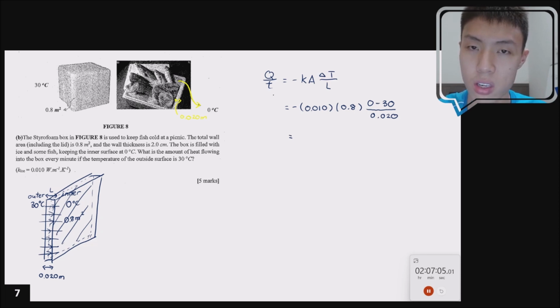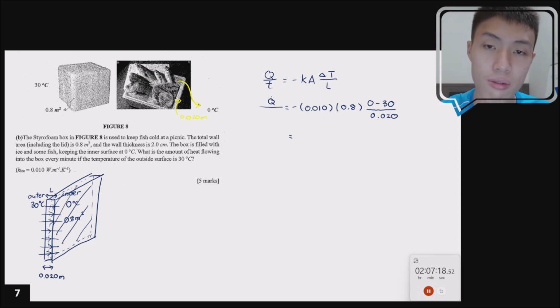Okay, rate of heat flow is Q over T. Okay, but if you are being efficient, you can put in a time inside here as well. Because Q over T, you put in a time, then you can find Q, right? So the time is every minute. Every minute is 1 minute. 1 minute is 60 seconds. So if you calculate everything, you'll be able to find your Q. Okay, 0 minus 30 divided by 0.020, times 0.8, times negative 0.01.